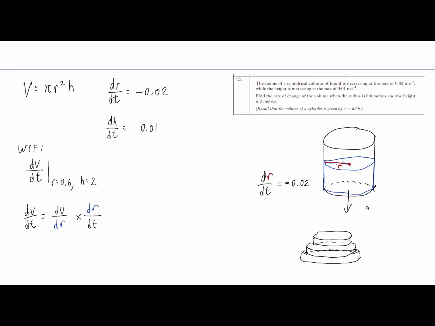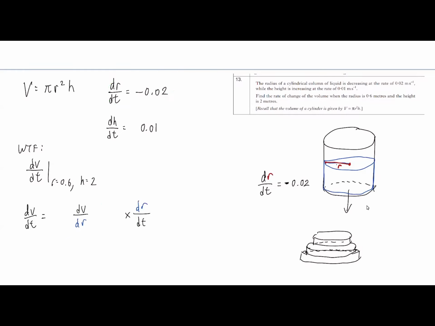Okay. So here I think what they need you to do is to come up with a special trick. Let me see. Okay. dr by dt, we can use this first one, right? Agree so far? Negative 0.02, we can sub in. Then in this case, the dr by dt is good.